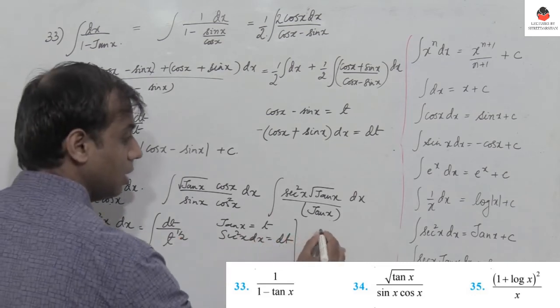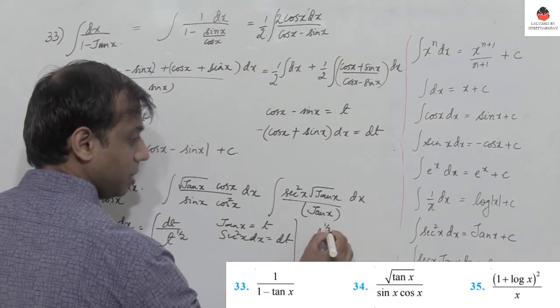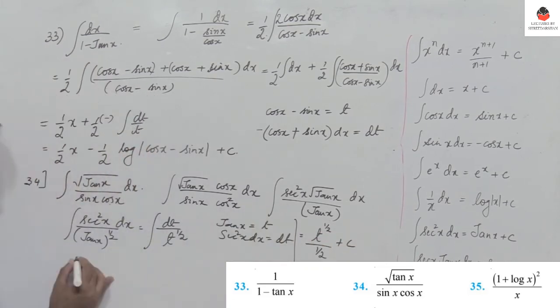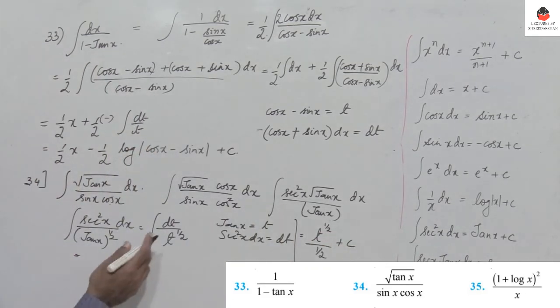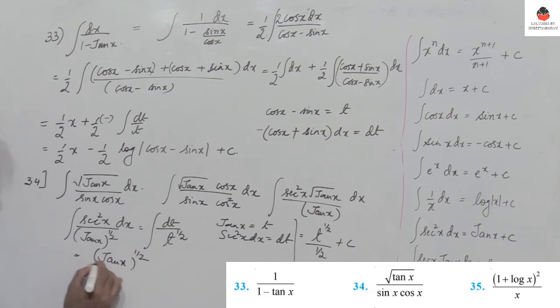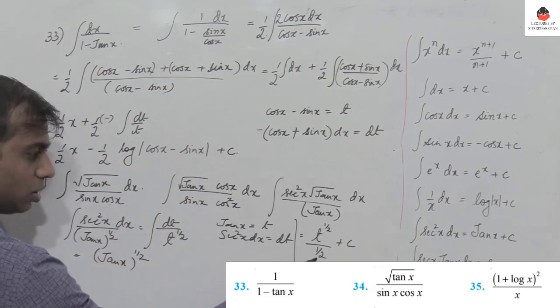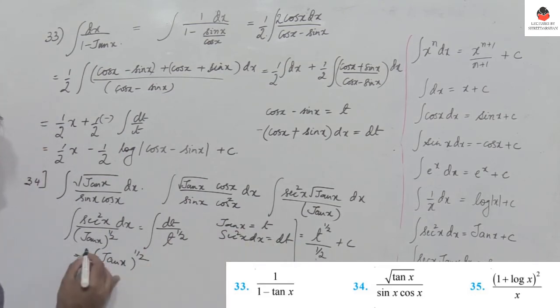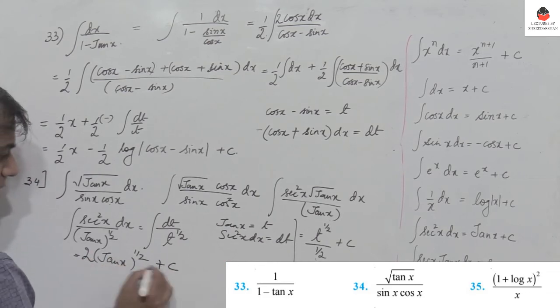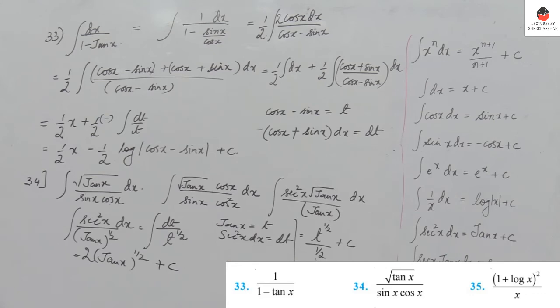So t to the power minus half plus 1 is t to the power plus half, divided by 1 by 2, plus c. So the final answer is t, which is tan x. So (tan x) to the power 1 by 2, with 1 by 2 in the denominator, so this 2 will come on top: 2 (tan x) to the power 1 by 2 plus c. So this is the answer.